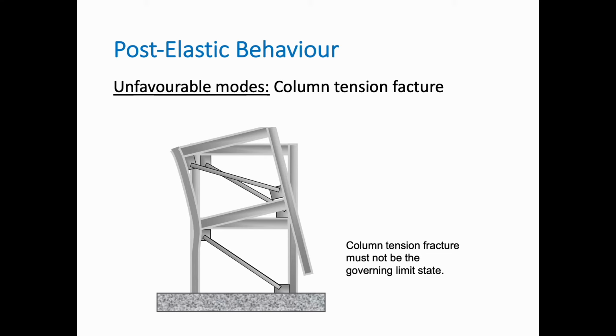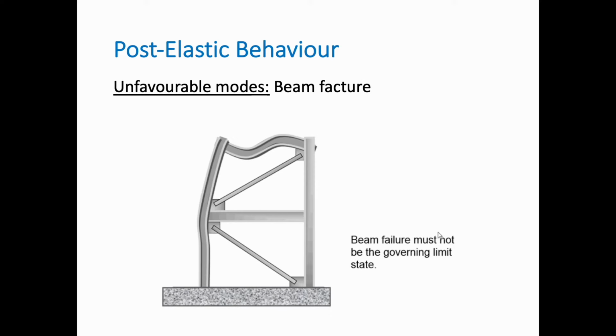So again, we want to avoid this type of failure mode, and we are less likely to get any beam fracture. But again, the beam failure must not limit the design, and that's why the beams should behave elastically.